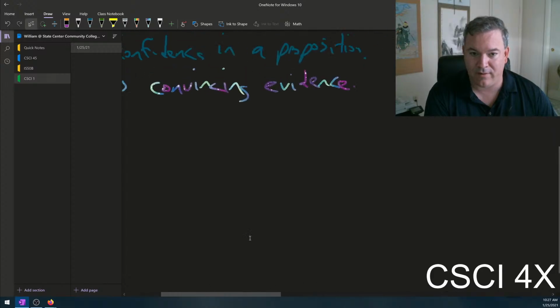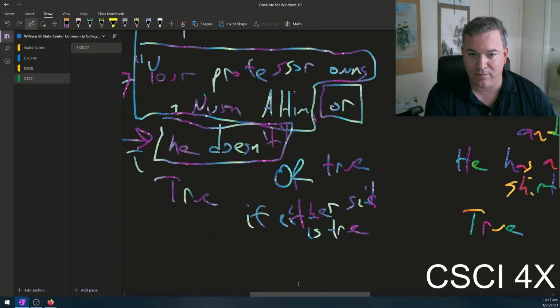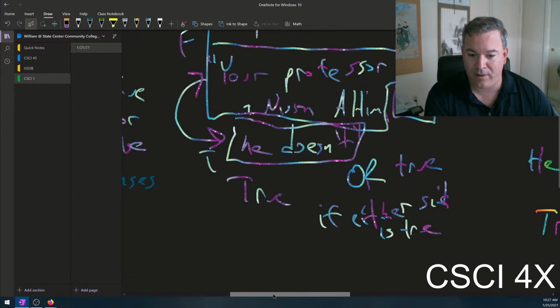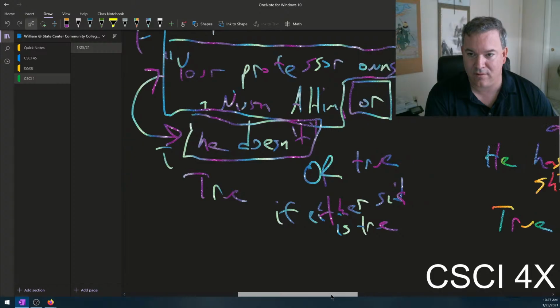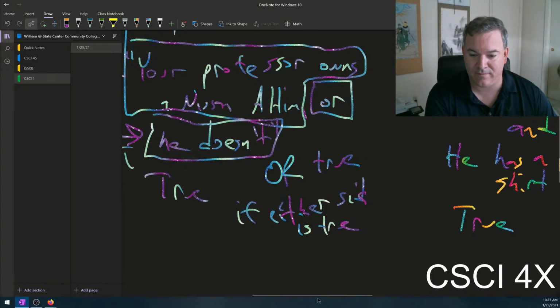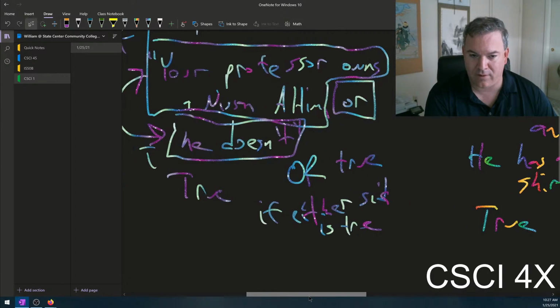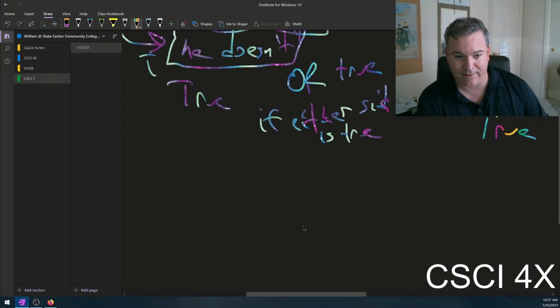So let's talk about the other 2 things. We had or right here. Your professor owns an Altima, or he doesn't. So how would we write this as a truth table? Let's find out.